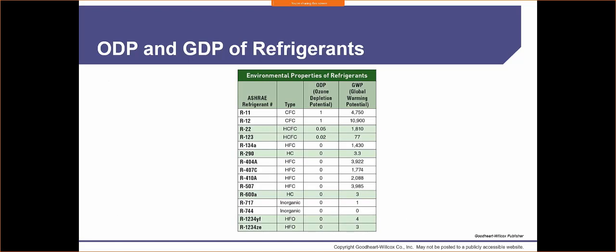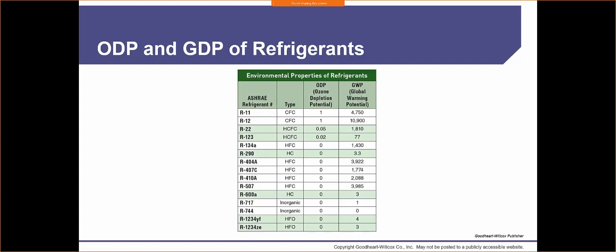So here's our ODP, ozone depletion potential. Basically what we're saying is the refrigerants are going to destroy the ozone because they have chlorine in them. R11, R12, we don't use those because they are really bad for the ozone.